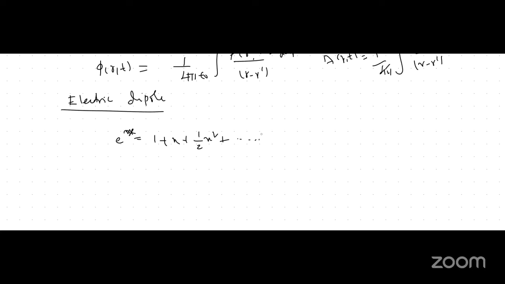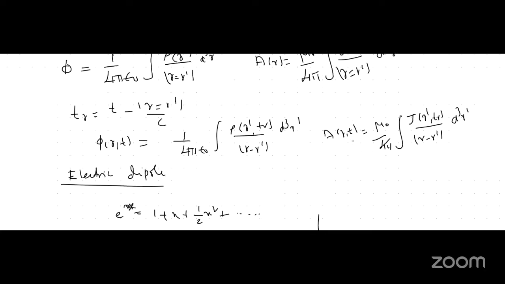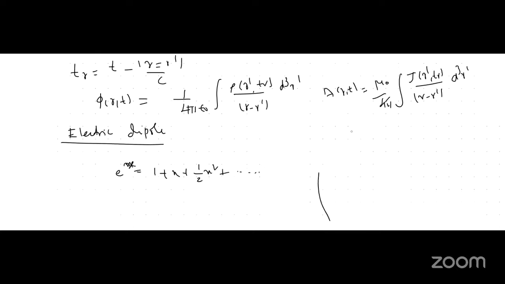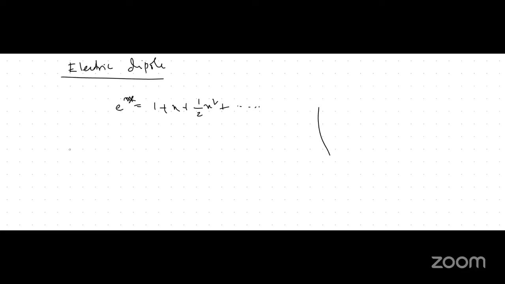Taking this into consideration, as we have written the previous solution, if you apply it for a small distance, we can write A of x comma t is equal to mu naught by 4 pi, exponential of i(kr minus omega t) by r, times the integration over the volume of J of x dash, exponential of minus i k r dash, d cube x dash.